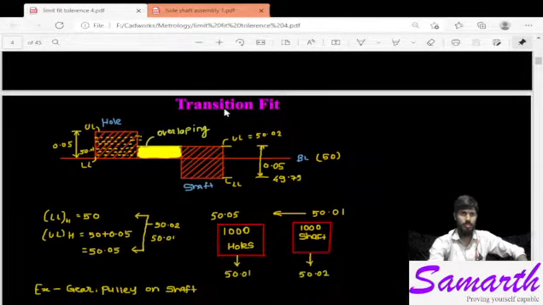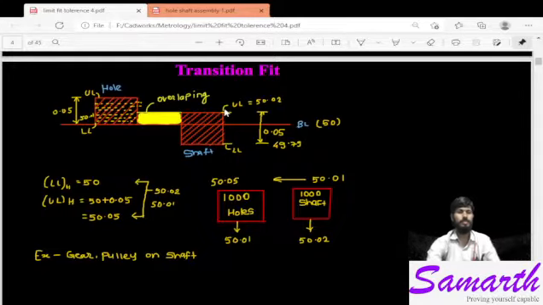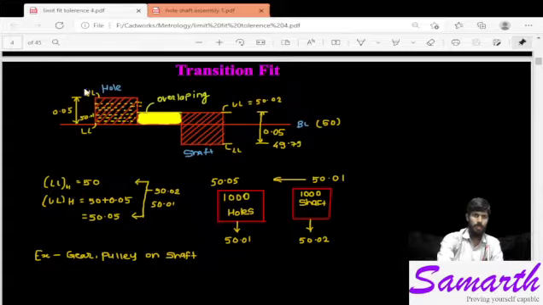So let us discuss this example of transition fit. Here you can see the upper limit and the lower limit. This is the basic line showing the dimension of 50 mm. This is the upper limit of shaft, let us say equal to 50.05, and lower limit of shaft is equal to 49.79. The complete tolerance on the shaft is 0.05 mm.